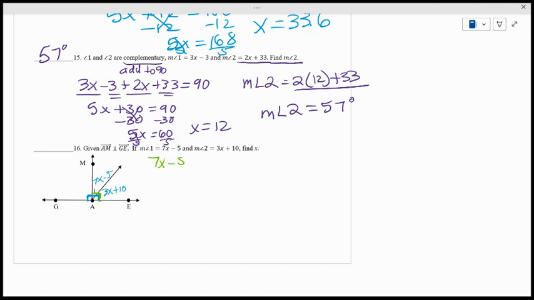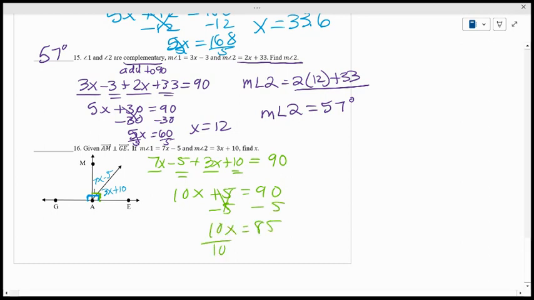So I'm going to add angle 1 and angle 2, and it's going to equal 90 because it's a right angle. And you get x equals 8.5. You don't need to plug it in because it said find x.